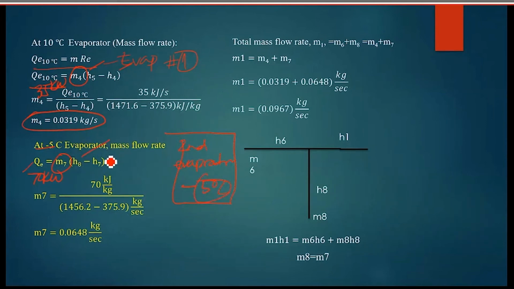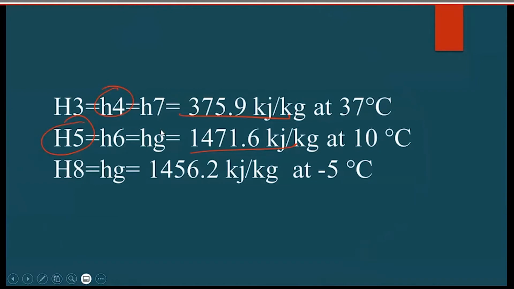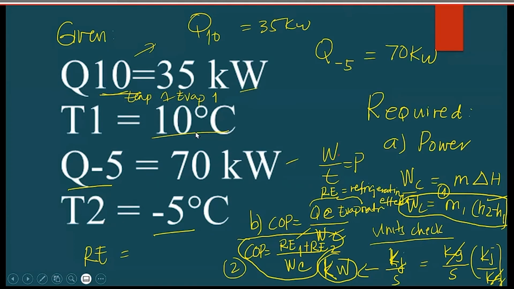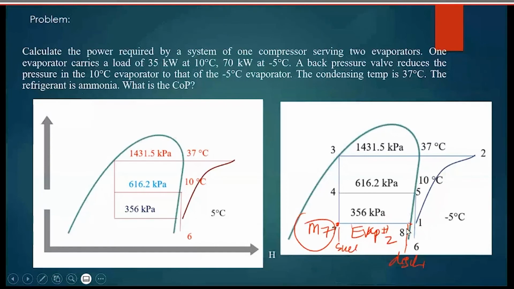H8, we were able to get that because it is in the vapor line. And H7, we were able to get that because it is at the constant enthalpy line. So look at this. H8 is the Hg at -5. Then the other is H7.